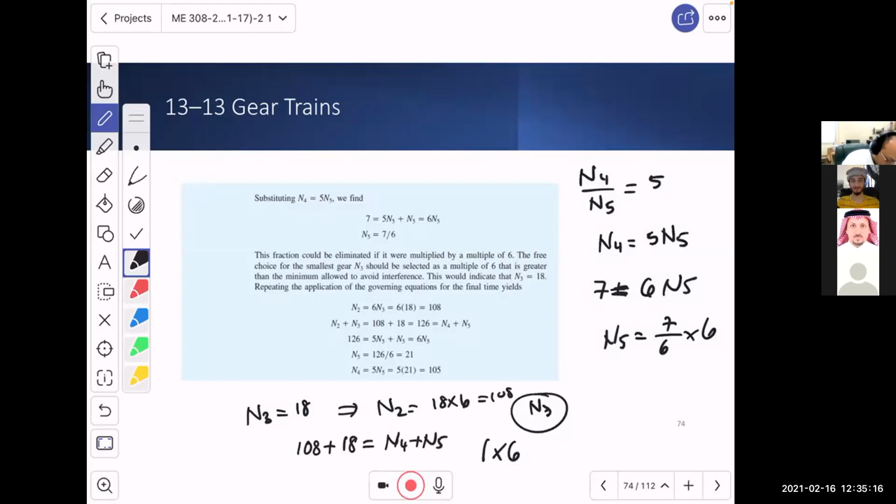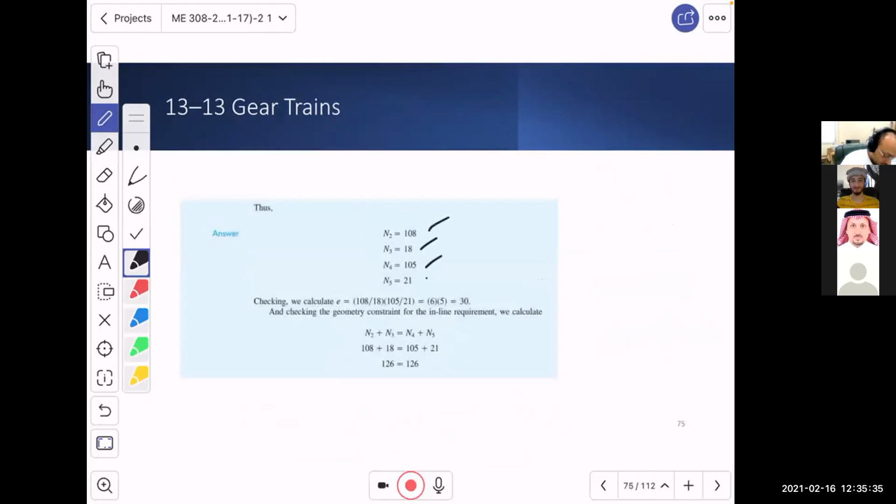I repeat the same process. I get N5 is equal to 126, which is the sum, divided by 6, and I got 21. Very beautiful. And then I get N4, which is 105. So once I get those integers, I get this, this, this, and this.